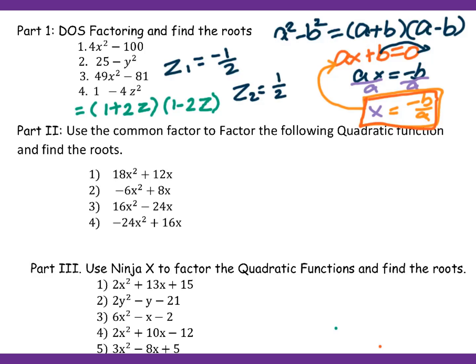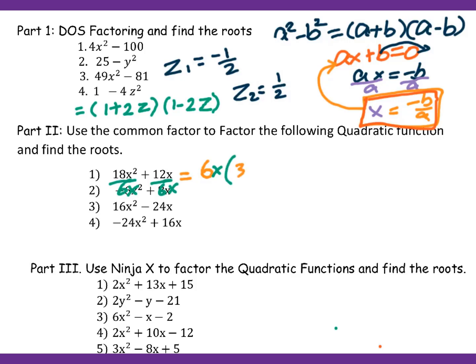For part 2, use the common factor to factor the following quadratic functions and find the roots. For 18 and 12, the common factor will be 6. For x squared and x, the common factor is x. Basically, for those two terms, we divide by 6x.